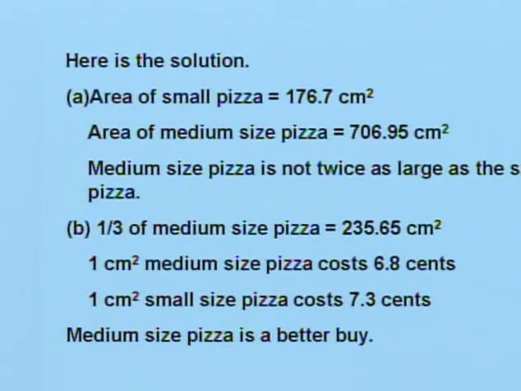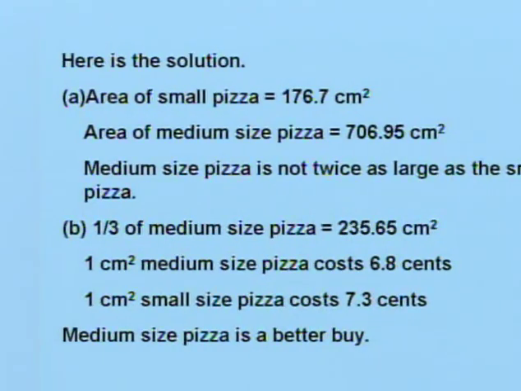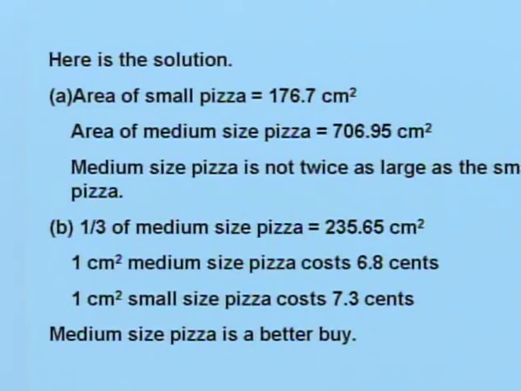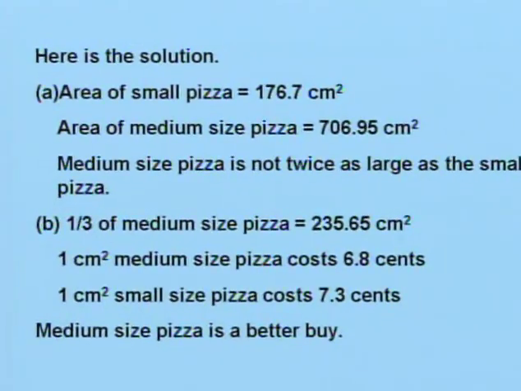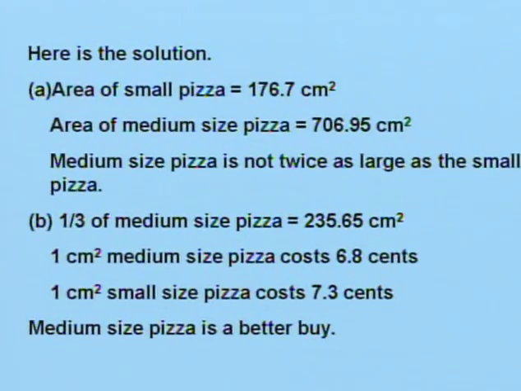Area of small pizza is 176.7 centimeters square. The area of the medium-sized pizza is 706.95 centimeters square.